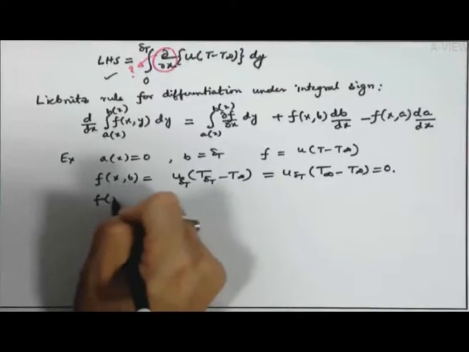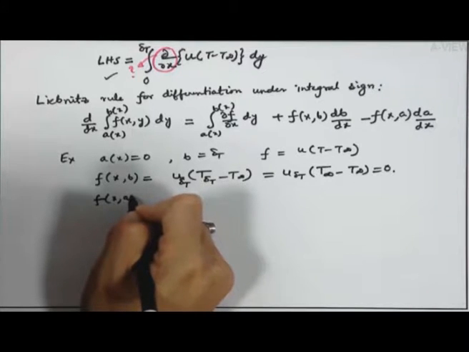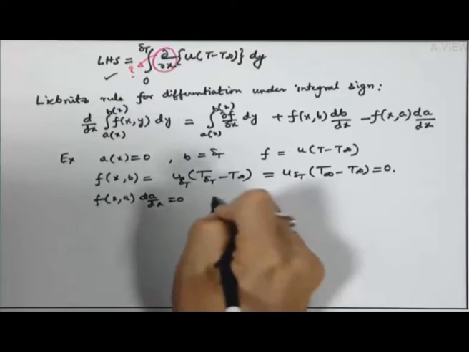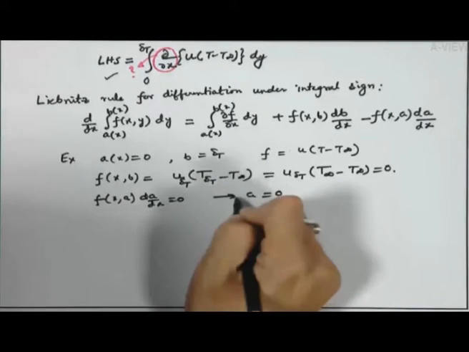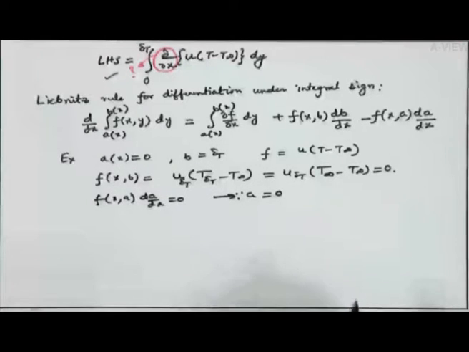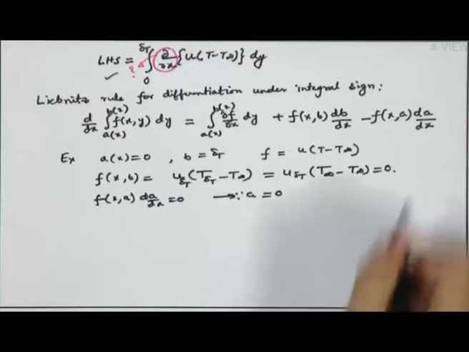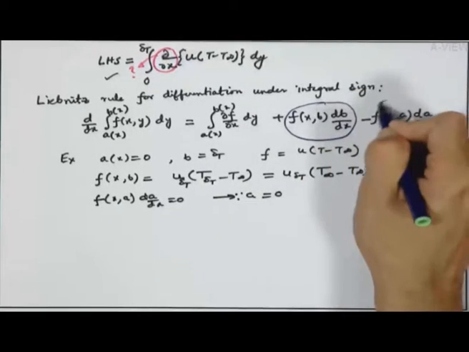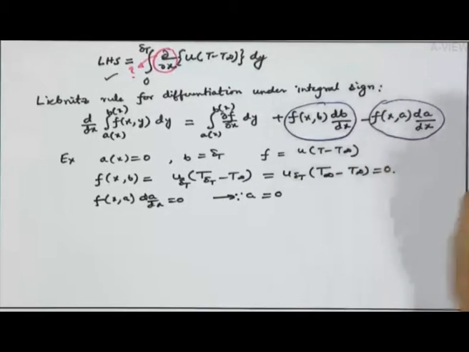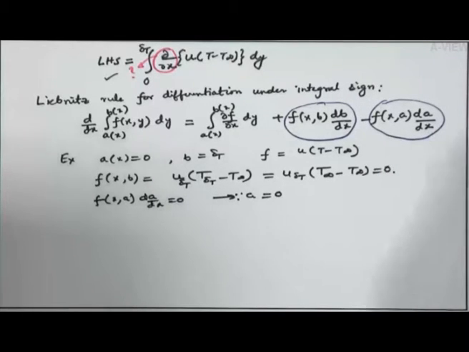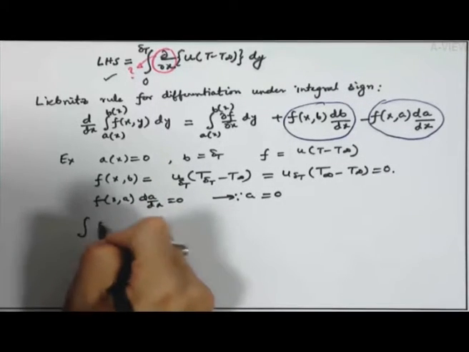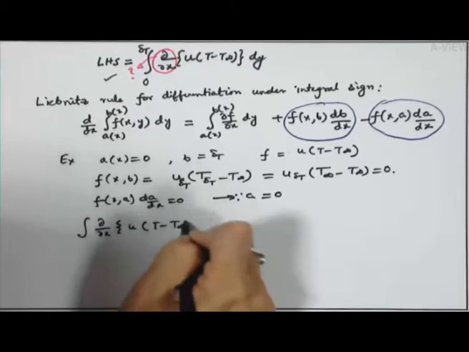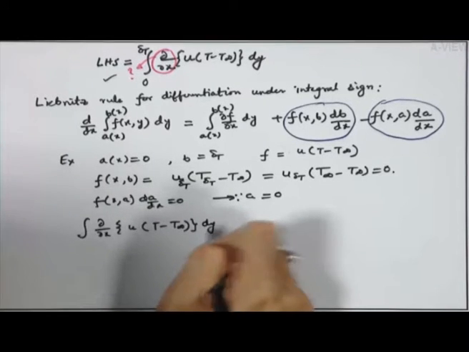And f at a, times da/dx, is 0 because a itself is 0. So, these two correction terms in this special case are 0. So, you get integral of ∂/∂x of u into (T minus T infinity) dy.